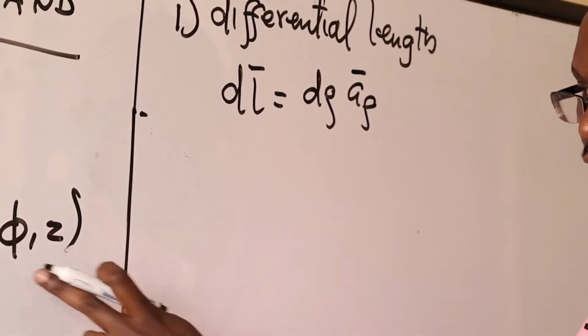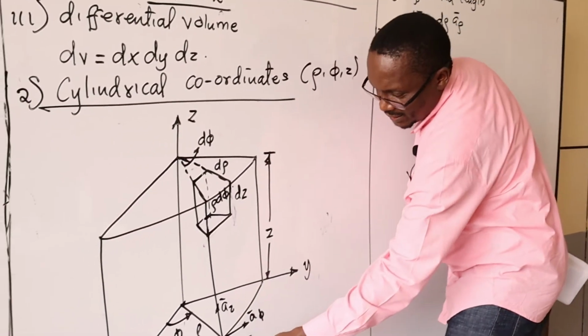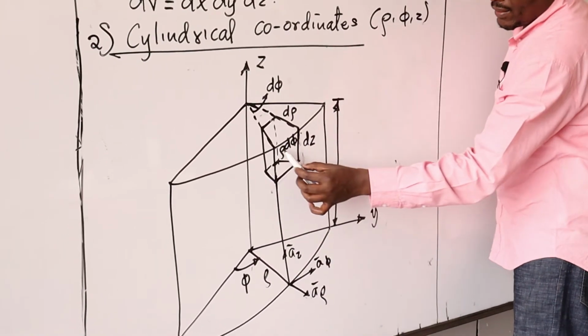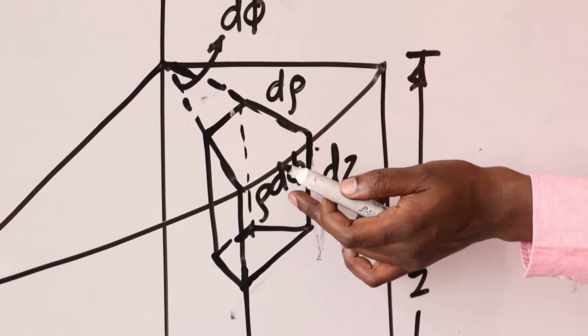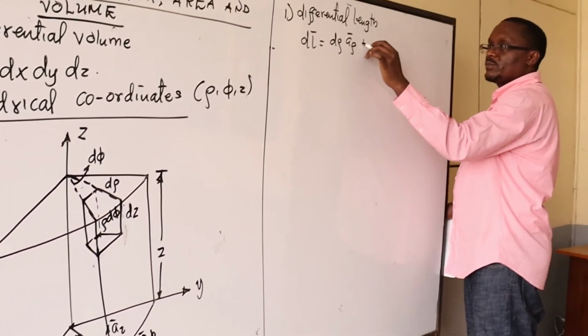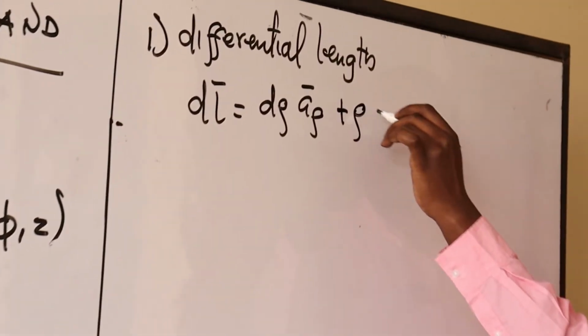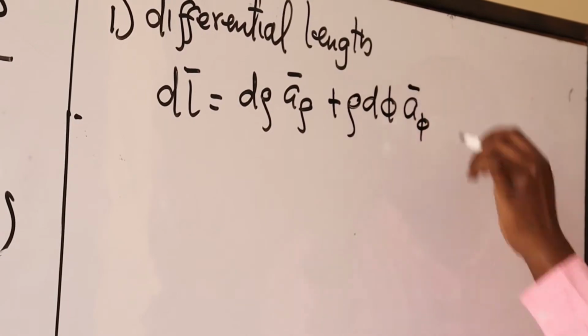Now the next one should be phi. Phi is tangential to the curve. It creates a tangent to this curve. That length that creates a tangent to the curve is what we were calculating, and so we are going to have that as rho d phi in the a phi direction.